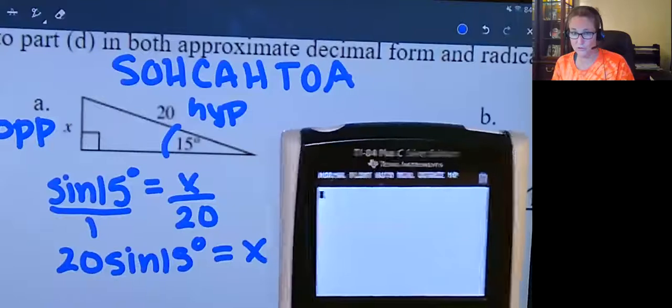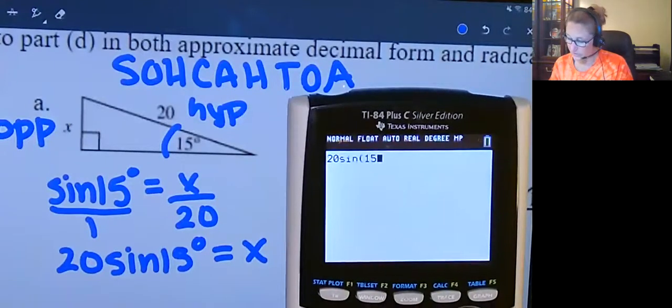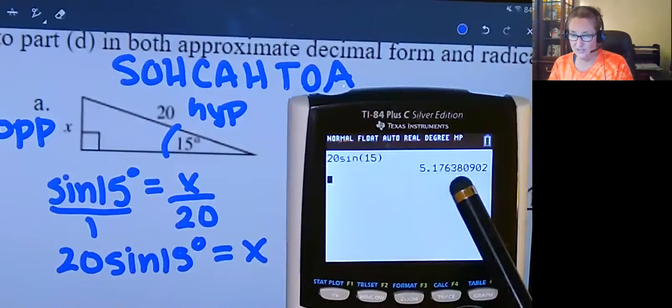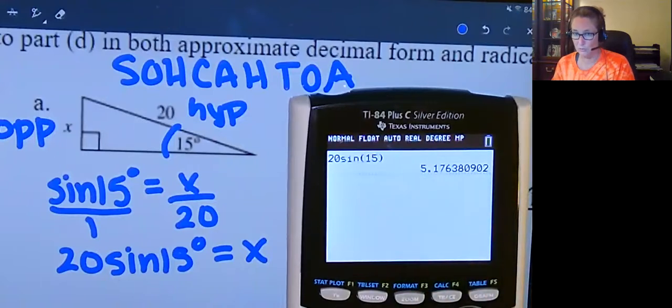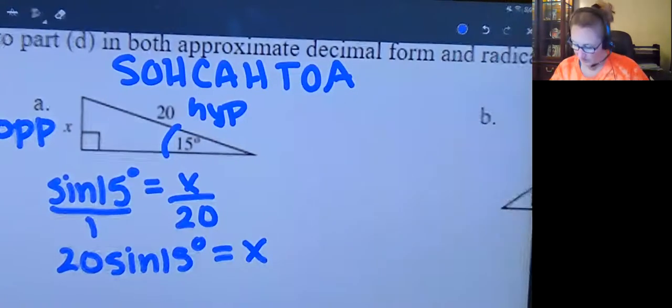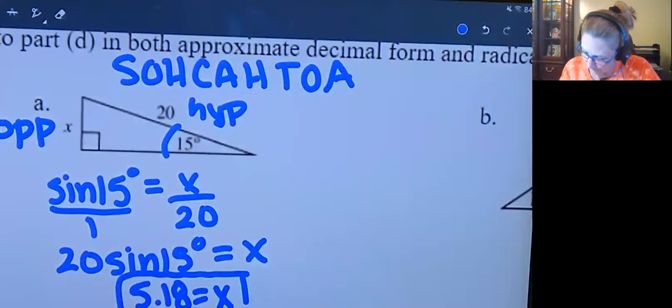Okay, we're dealing with degrees right now. And so I'm going to go 20 sine 15, and I end up with 5.176. So if I'm going to do two numbers after the decimal, the 6 is going to push the 7 up to an 8. So I'm going to do 5.18. So this is going to be 5.18 is equal to x.